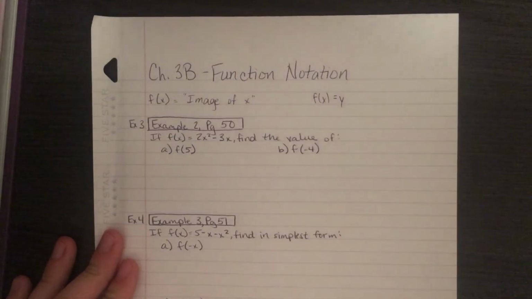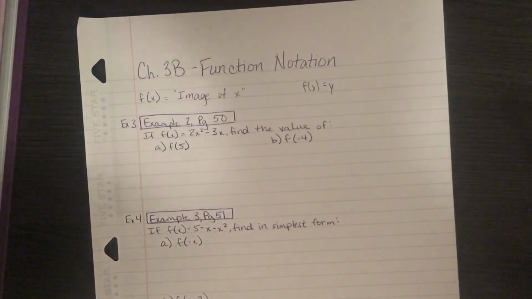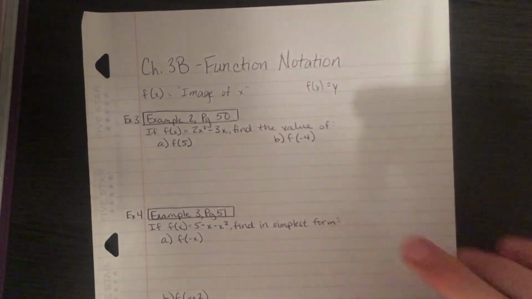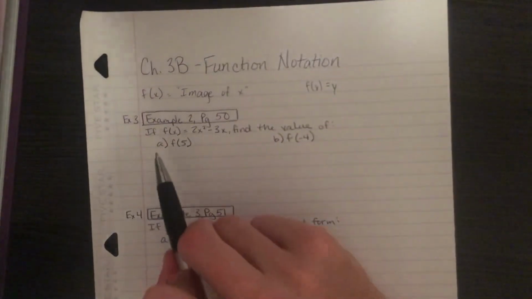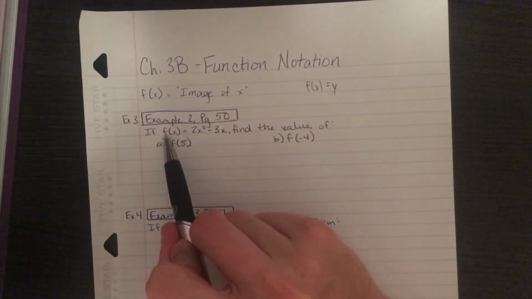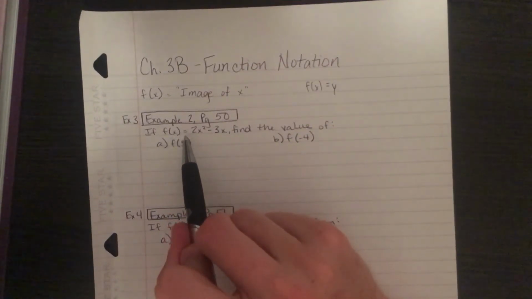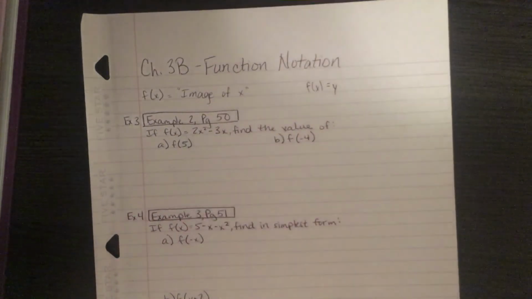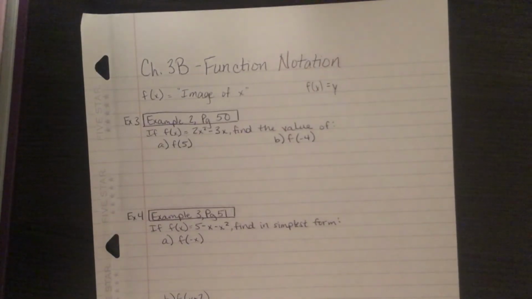If you see f of x, you just need to assume that that means y. So some math shorthand here: whenever you're writing a function, the way you read this is f of x, or a function of x, equals 2x squared minus 3x. And we want to find the value of the following two expressions.